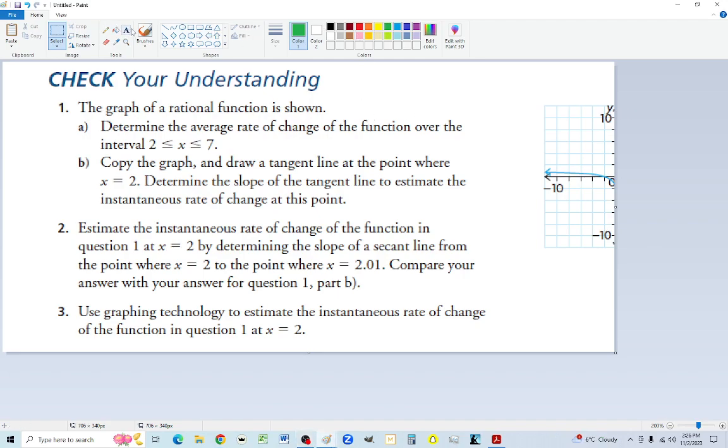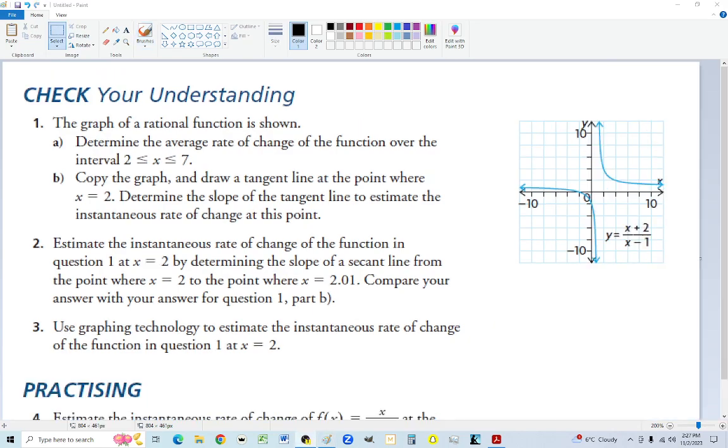This now asks for the average rate of change between x is 2 and x is 7. Now I needed this graph, and they wanted me to use graphing technology, so that's a perfect example. So if we look carefully between x is 2 and x is 7, we're talking, so 8, so this is 7 in the middle here, so let's use a black line.